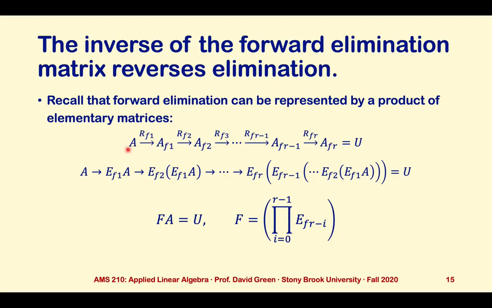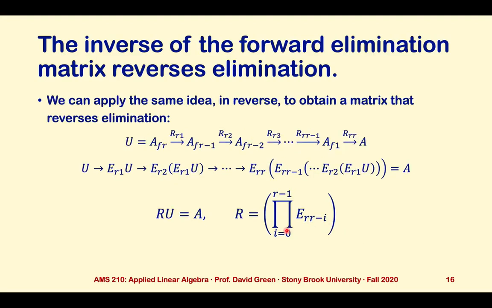So instead of applying this row operation, we can multiply by the corresponding matrix. We then take the result of this and multiply by the corresponding matrix, and so on. And this gives us a long product of elementary matrices multiplied by A to give us U. We collapse that big product into a single matrix that we call F. F times A equals U, where F is a product of elementary matrices.